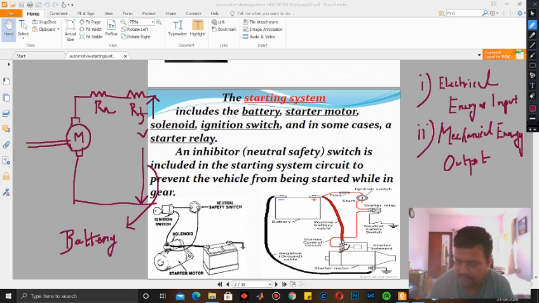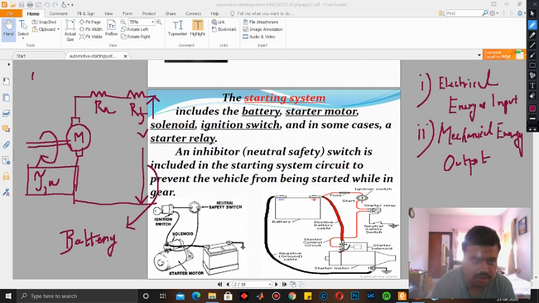The mechanical energy is denoted by tau and omega. These are the two parameters: one is the torque and the other is the speed. This is the mechanical energy output.